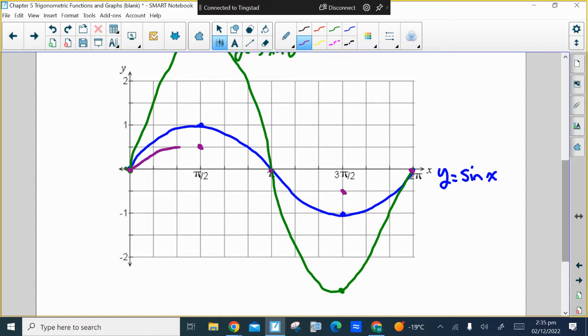So this is what the graph of y equals 1/2 sine x looks like. The amplitude of that graph is 1/2. Once again, the a value.